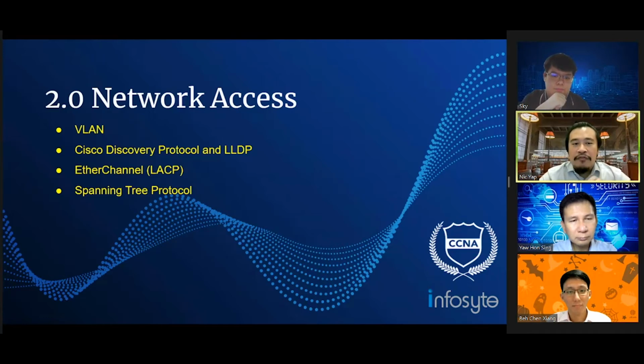So we can easily figure out who is connected in your local area network, but definitely those devices must support either LLDP or CDP. There will also be hands-on practice on CDP and LLDP to perform discovery of your local area network.